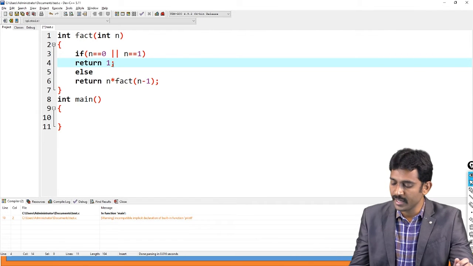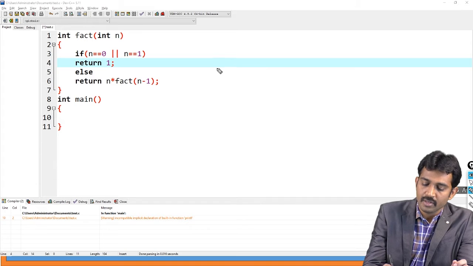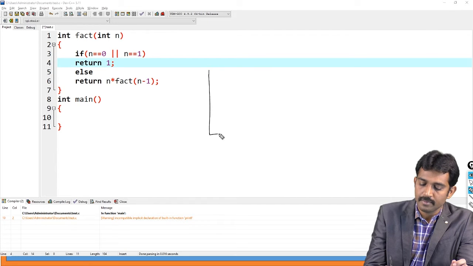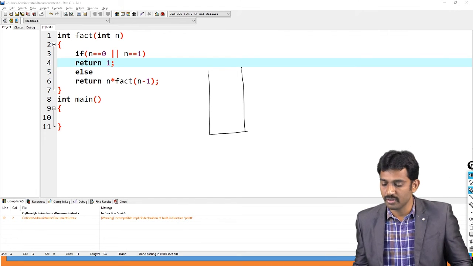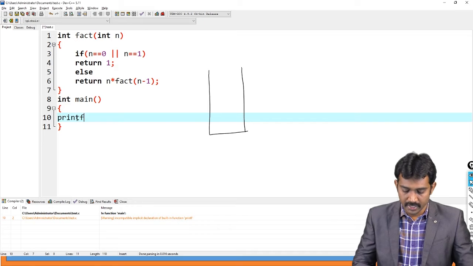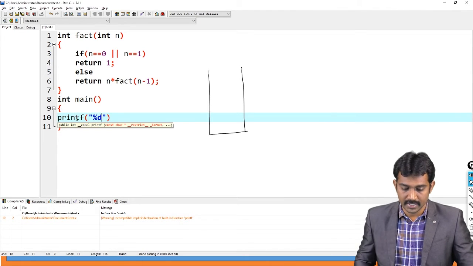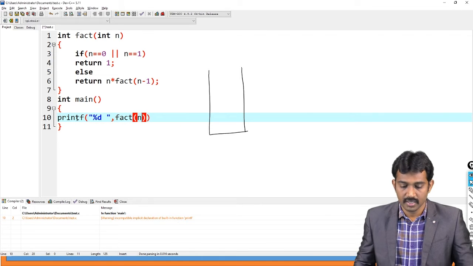For example, observe clearly here. I'm going to trace the code so we get some idea. First we start the code: printf of %d, comma, fact of n.